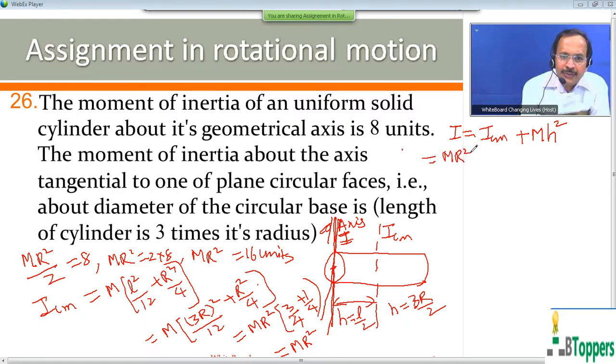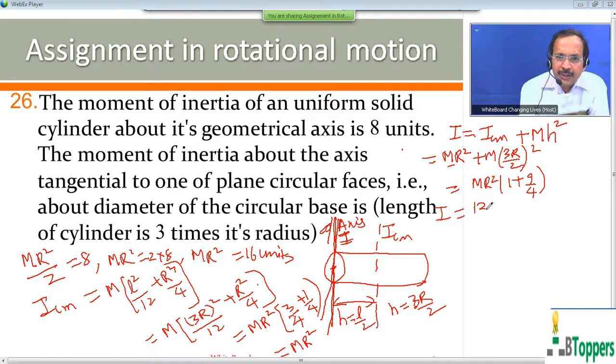So I equal to mr square plus m into 3R by 2 whole square. Simplify this further. You can take mr square common outside, so you get I equal to 13 by 4 into mr square.